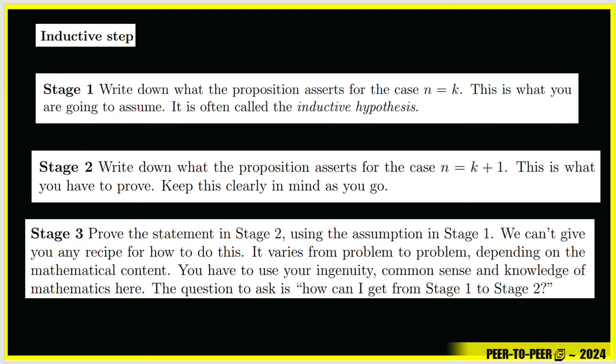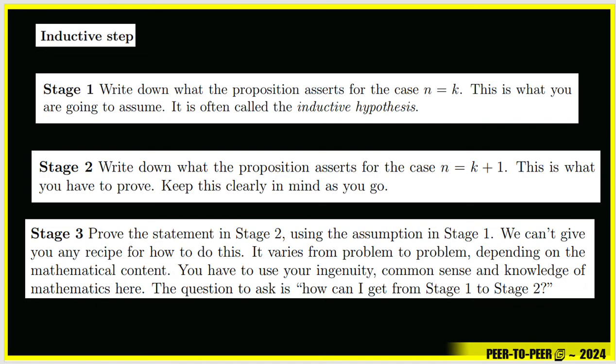In the second stage, you are going to use your earlier hypothesis in stage 1 to prove that the assertion given is either true or false. So in stage 2, you write down what the proposition asserts for the case n is equal to k plus 1. And this is what you have to prove. We have to always keep that in mind as we go on.